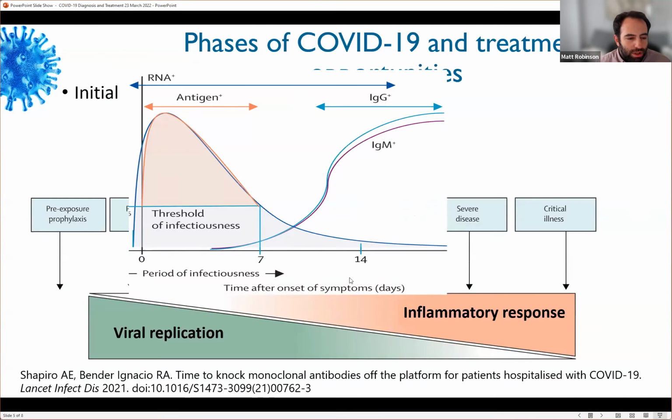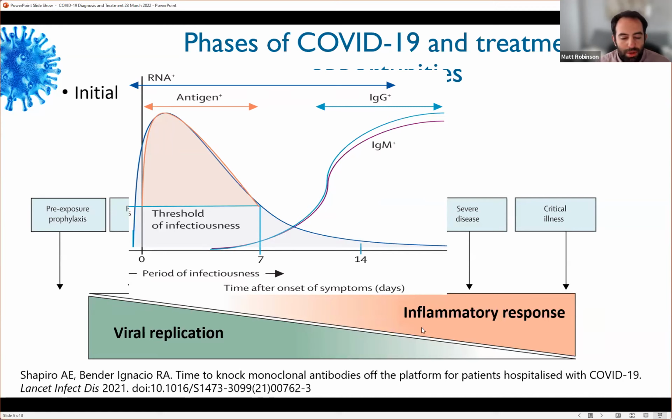I just wanted to show here that in the beginning stages of COVID, we start off with viral replication. When we get about a week into disease, the viral replication starts to taper off, and then the body's immune response kicks in. So when patients progress to more severe disease, it's often in the setting of a patient's inflammatory response increasing. Now, there's a caveat to this.